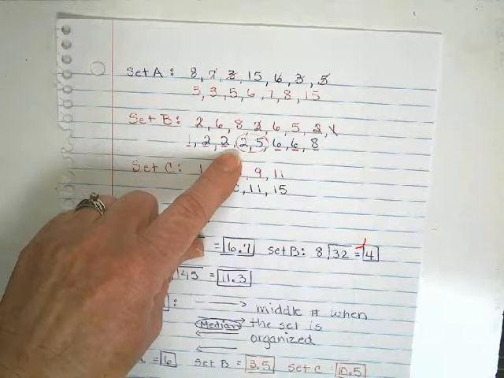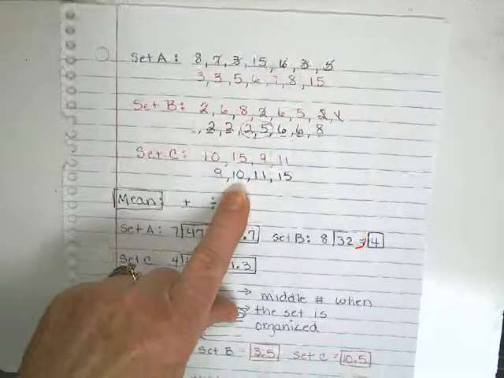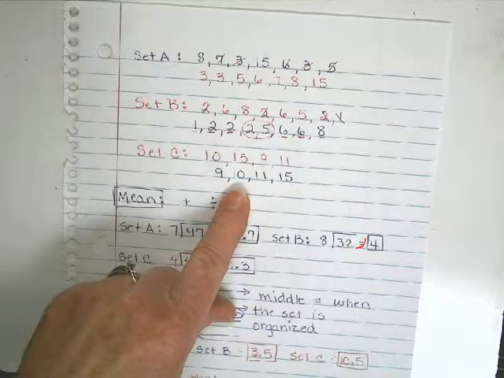We would put none. Because are there any numbers that appear more frequently than the others? It's no different than this one. Everything appeared once, and we said none, didn't we? Or no mode. So if they all appear twice, or they all appear 5 times, there would be no mode.